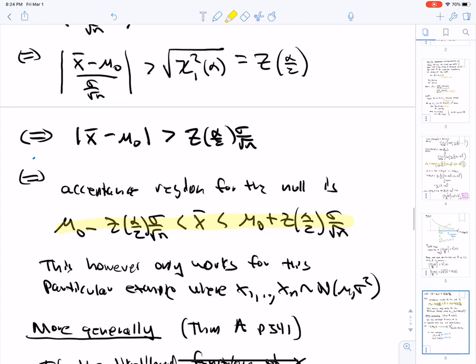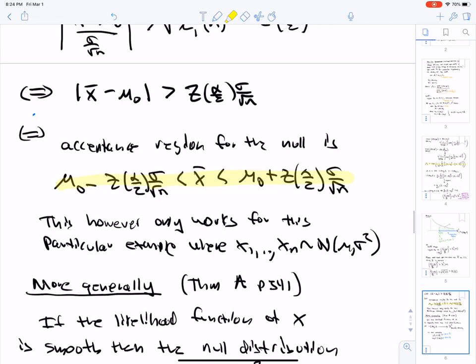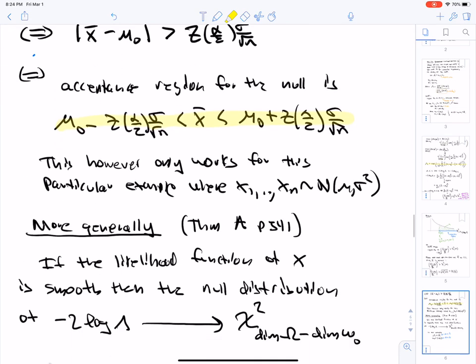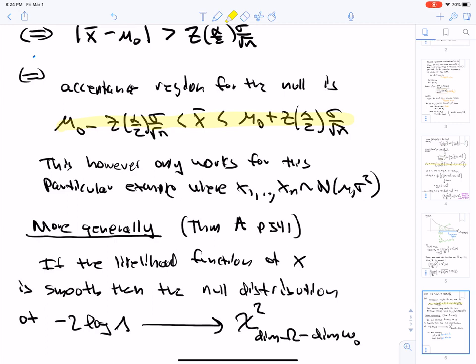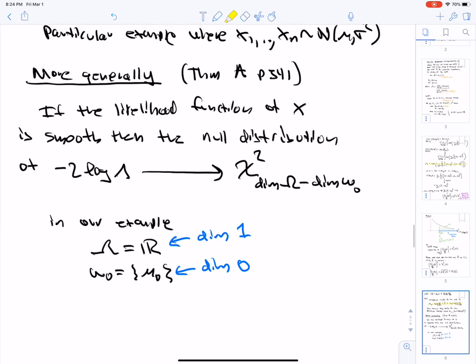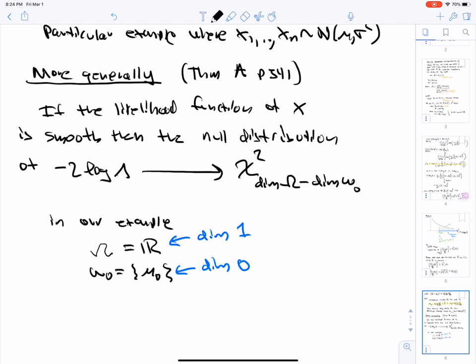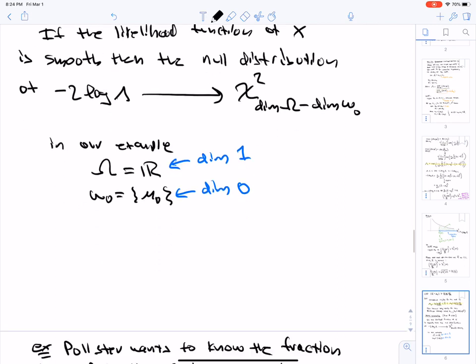But you can always use the fact that minus 2 log lambda is a chi squared, and here is the theorem. If the likelihood function of x is smooth, then the null distribution of minus 2 log lambda is a chi squared with degrees of freedom dimension of omega minus dimension of omega 0. So in our example, omega is R, and omega 0 is just a single point, which is dimension 0.